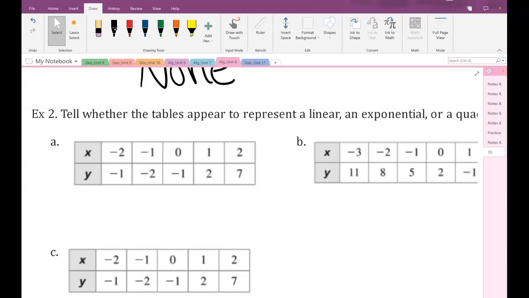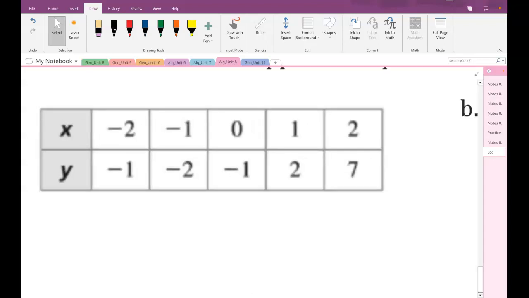So when we're given a table, tables are just another way to express points. We could have the points -2, -1; -1, -2; 0, -1.